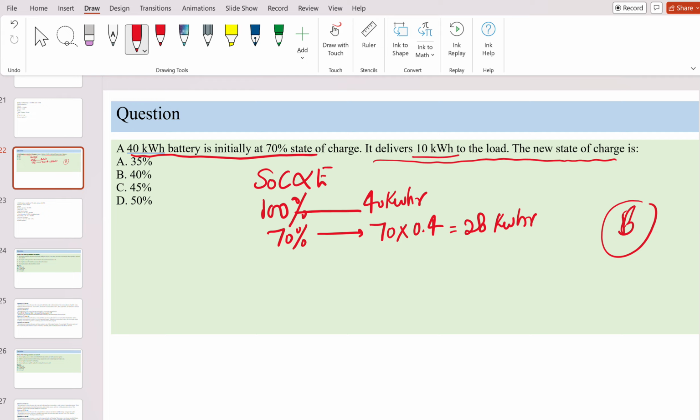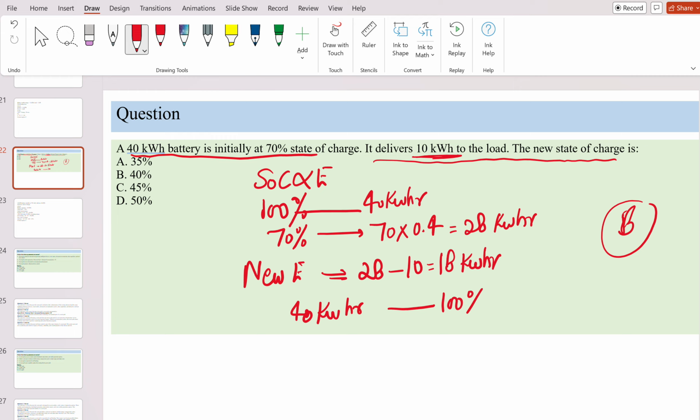It is telling that 10 kilowatt hour is being supplied to the load. So now the new energy left is equal to 28 minus 10, that is equal to 18 kilowatt hour. And we already know 40 kilowatt hour is 100%. So 1 kilowatt hour is 100 by 40.